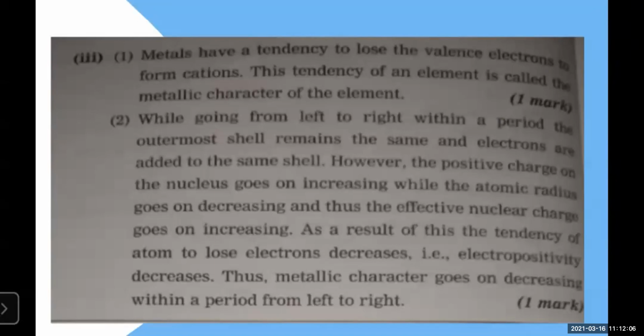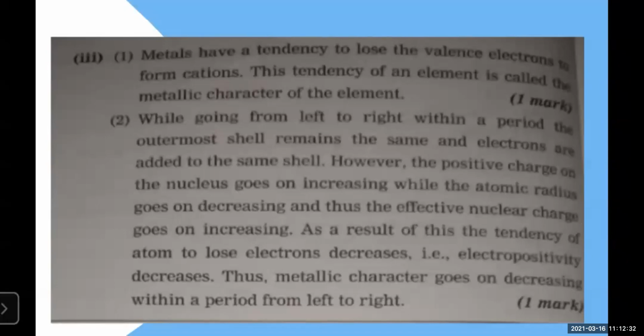So as you go from left to right in a period, the atom becomes smaller in size and radius because of the nuclear attraction. As a result, the tendency of the atom to lose electrons decreases, that is, electropositivity decreases.